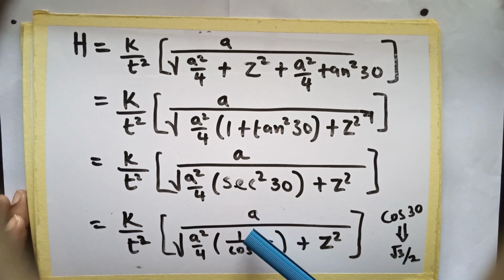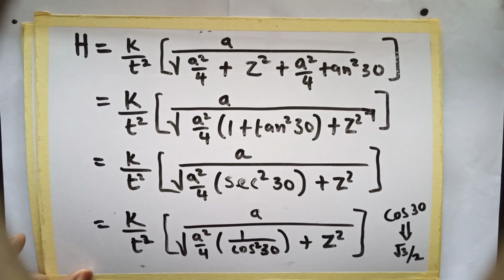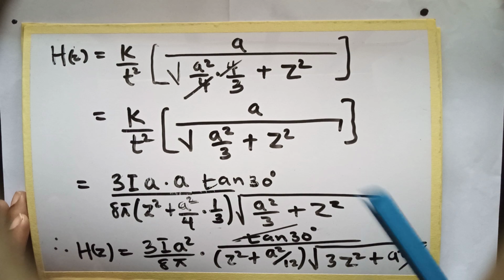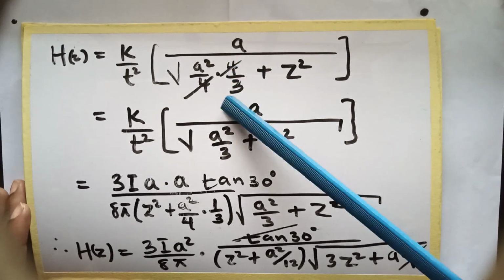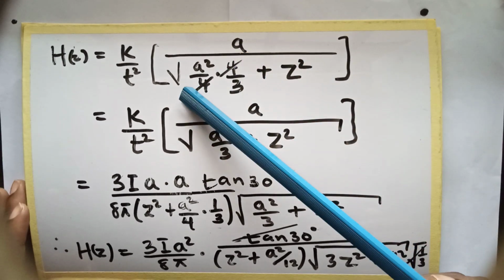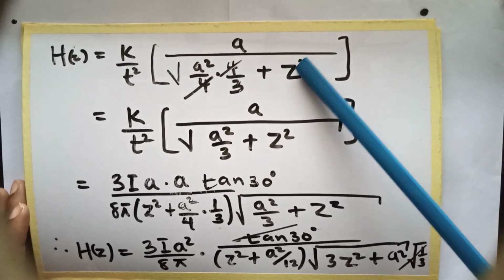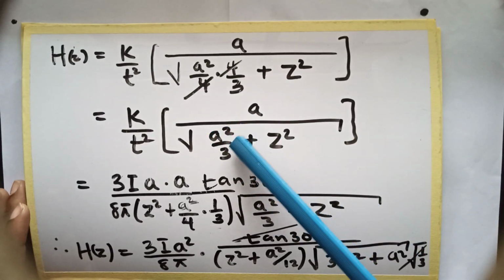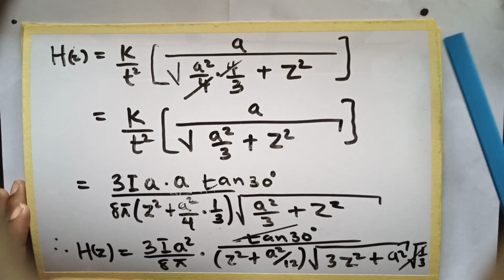So if it is root 3 over 2, we'll square it, it will now be 3 over 4. I hope that's okay. So because we have 1 over 3 over 4, it becomes 4 over 3, or 4 will take care of this 4, leaving 3 behind, plus z squared. Our k squared remains the same, a all over a squared all over 3 plus z squared.